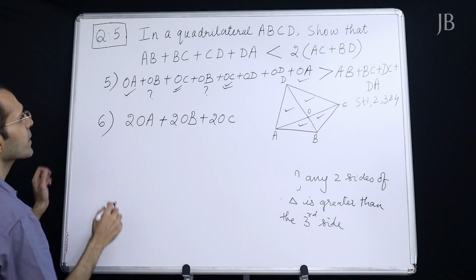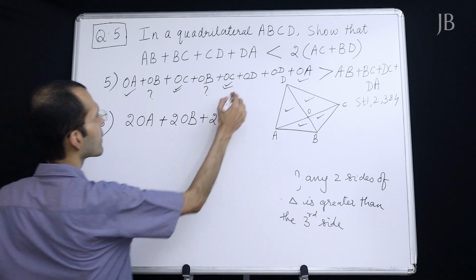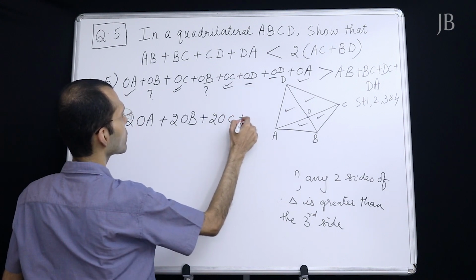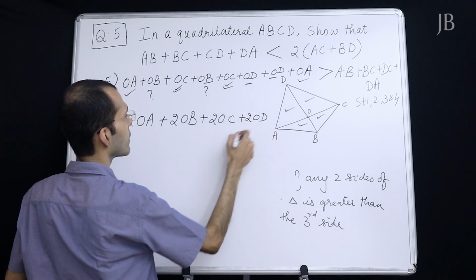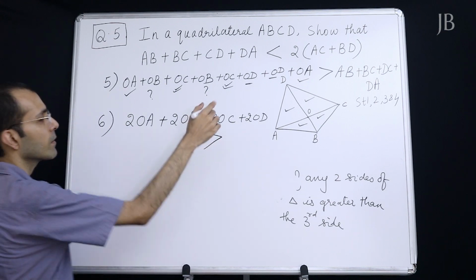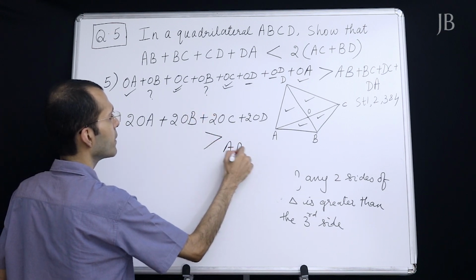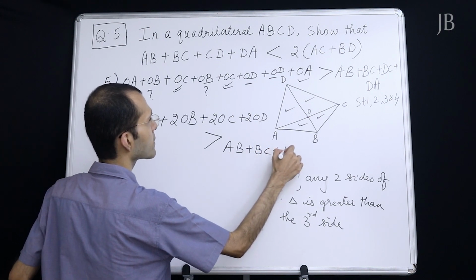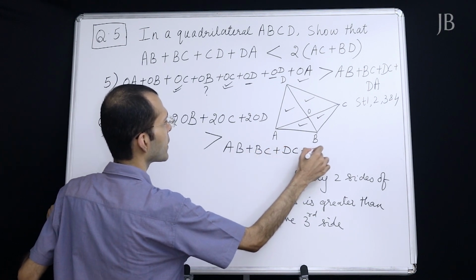And what is remaining now? OD plus OD. Yeah. OD and OD, that gives you 2 OD is greater than same AB plus BC plus DC plus DA.